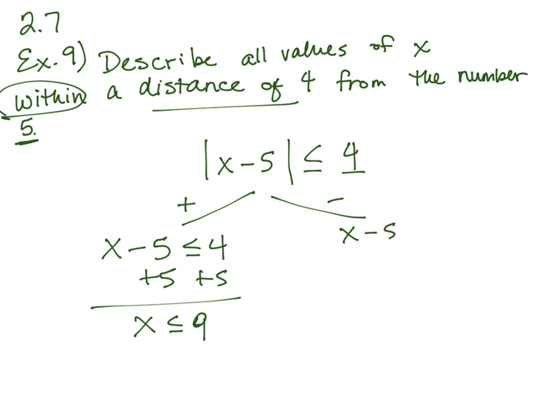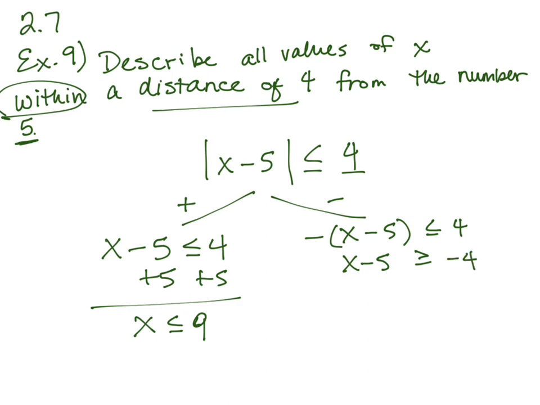X minus 5 is what to 4? I've got to have it negative. So now I'm saying my negative x minus 5 has got to be less than or equal to positive 4. Or I could say x minus 5 has got to be greater than or equal to negative 4.